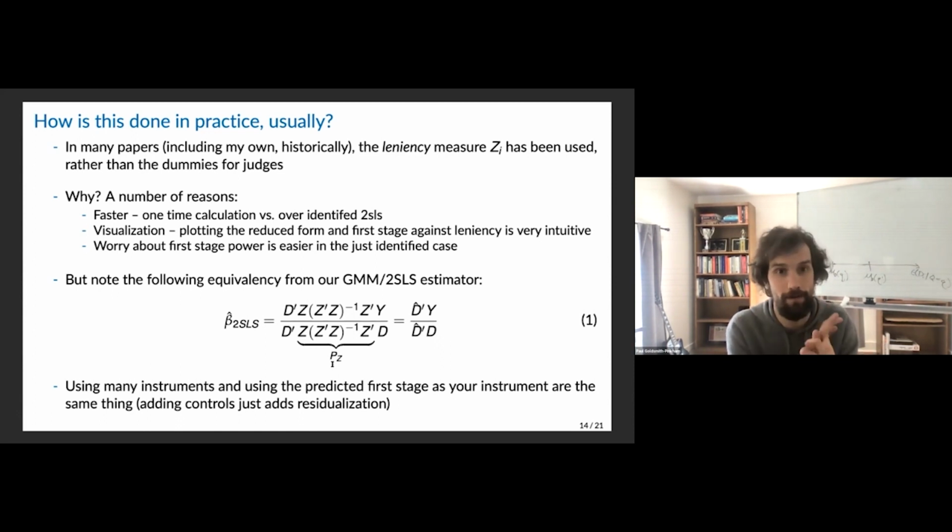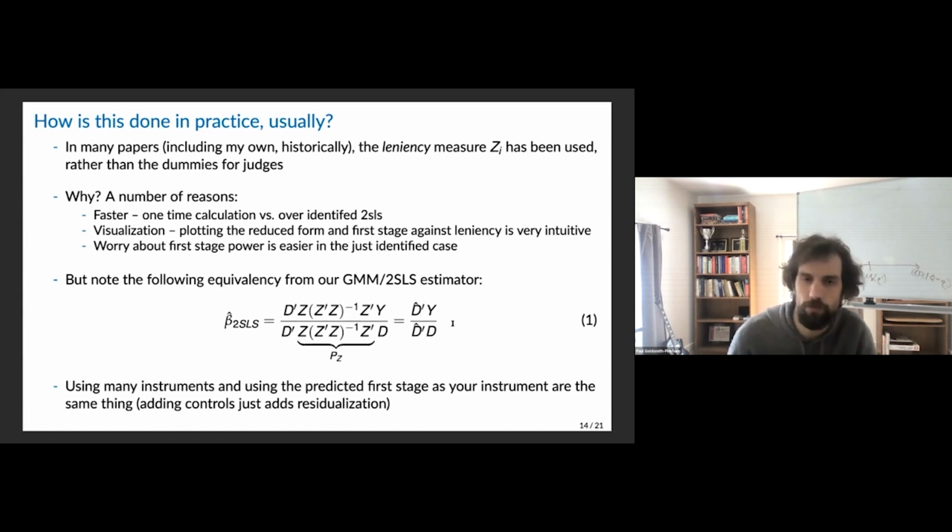No matter what, 2SLS is always, from an estimation standpoint, taking the fitted values of the first stage on both the numerator and denominator, and multiplying it by the outcome and the first stage. I have done nothing here. I've just plugged in for PZ. PZ is by definition hatting it, right? You're projecting onto the D space.